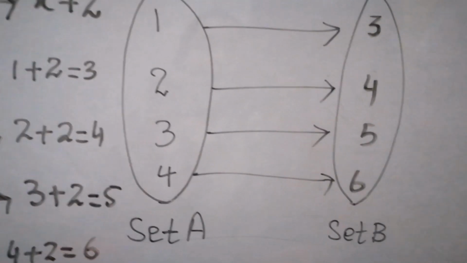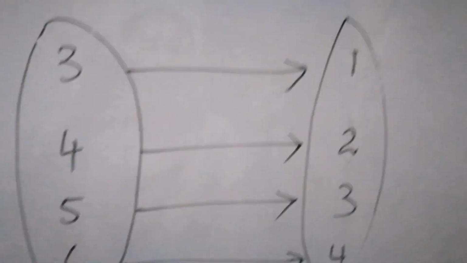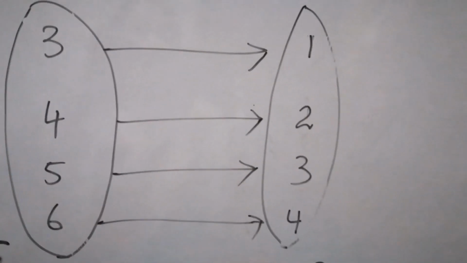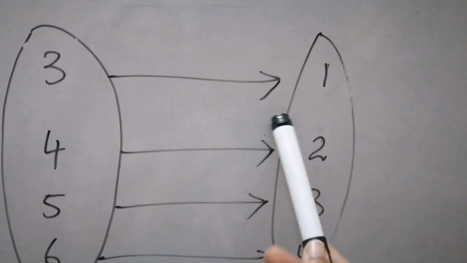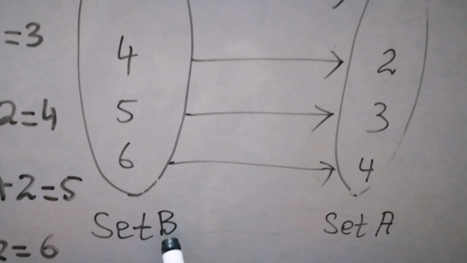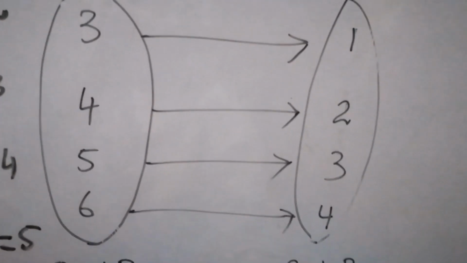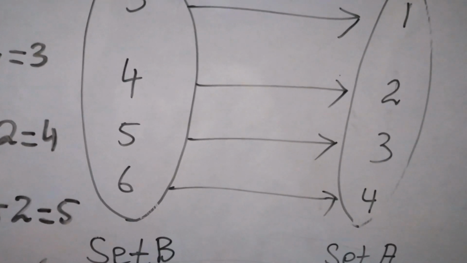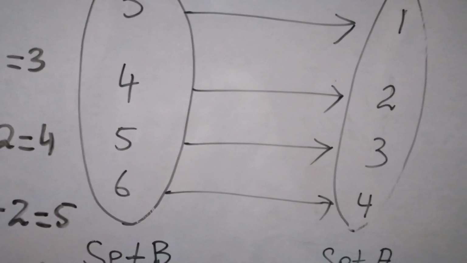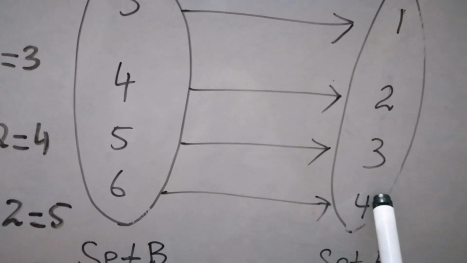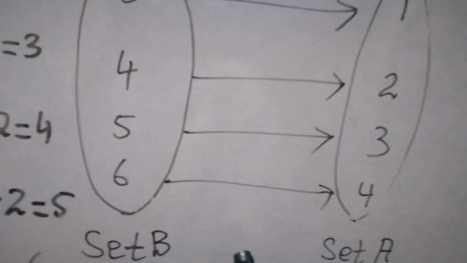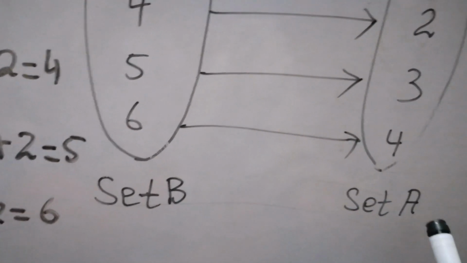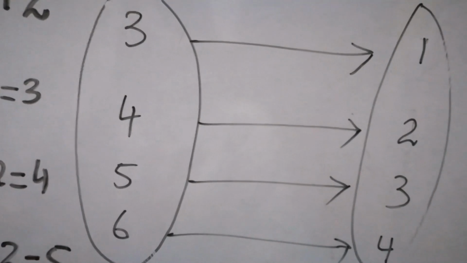Now we will move to the inverse function. Okay, dear students, for inverse function, what we have done, we simply change the arrows. For example, here we replace set B with set A. If we reverse the direction of the arrows as shown in the figure, that is, map set B into set A, we get a new function called the inverse function.